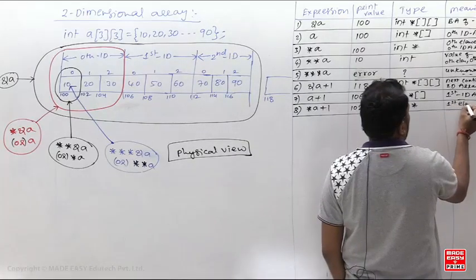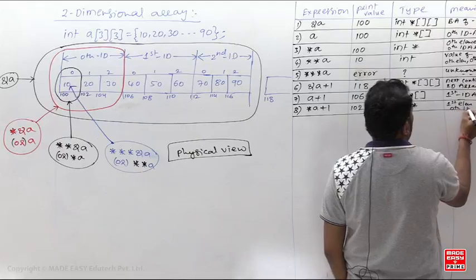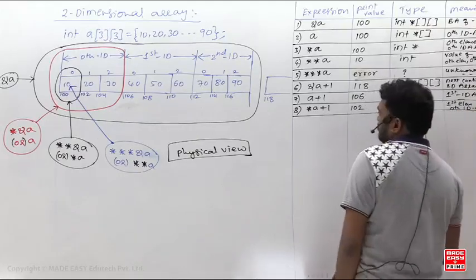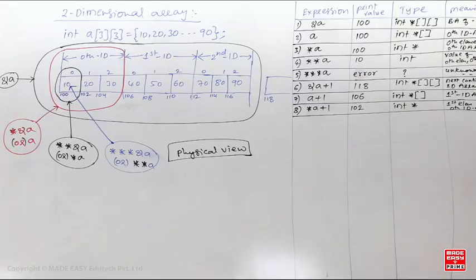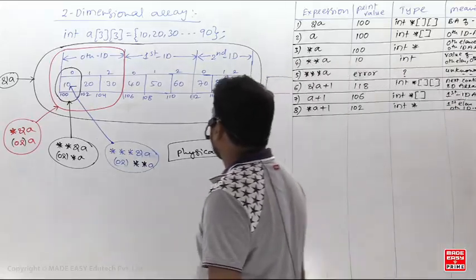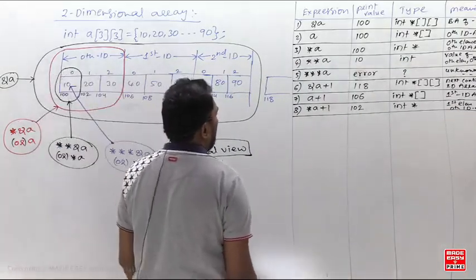Because array index starts with 0, we write only first; the first element actually means the second element. We are following that convention. So it prints 102.